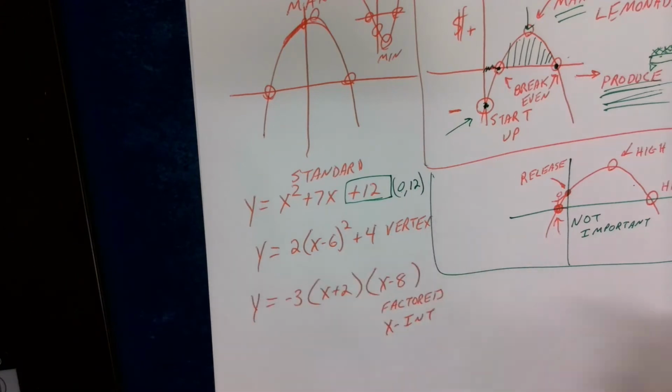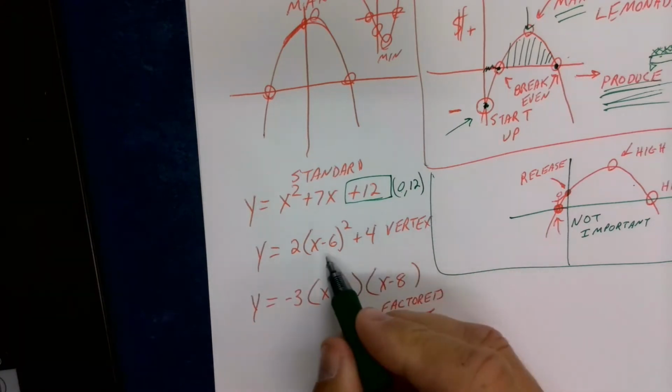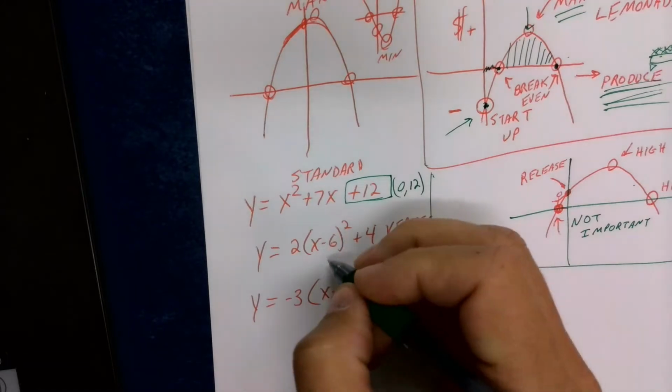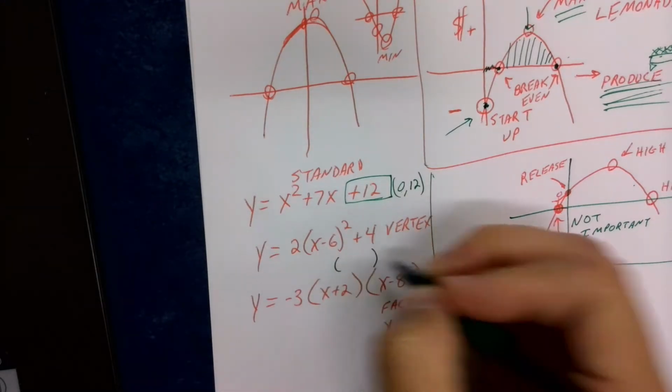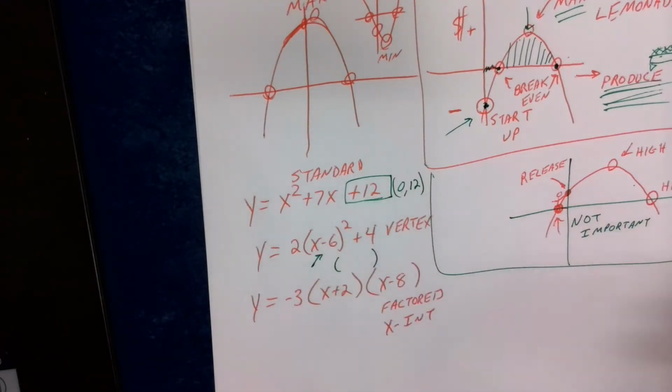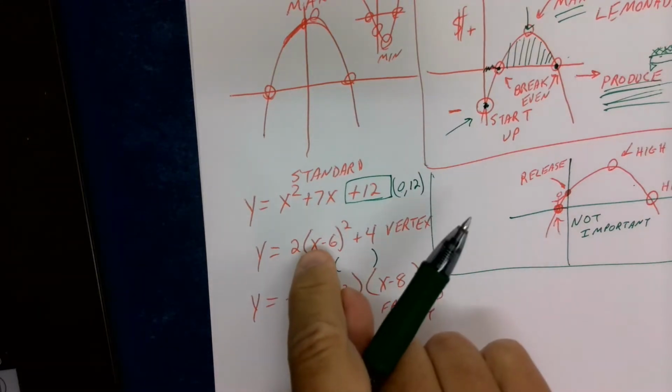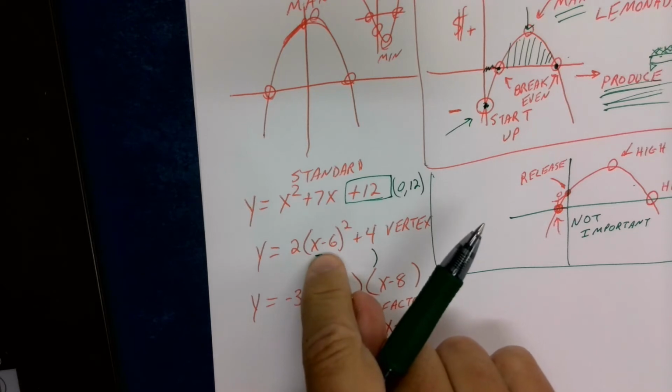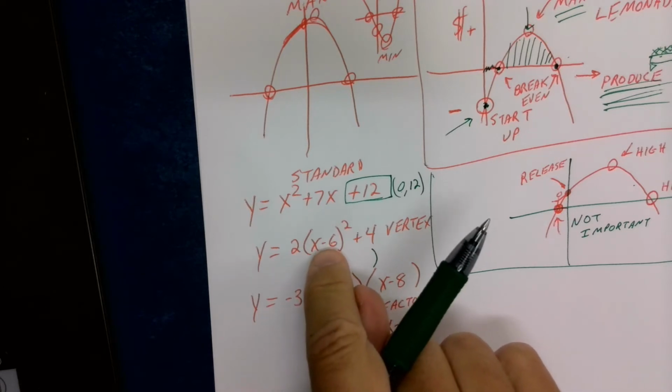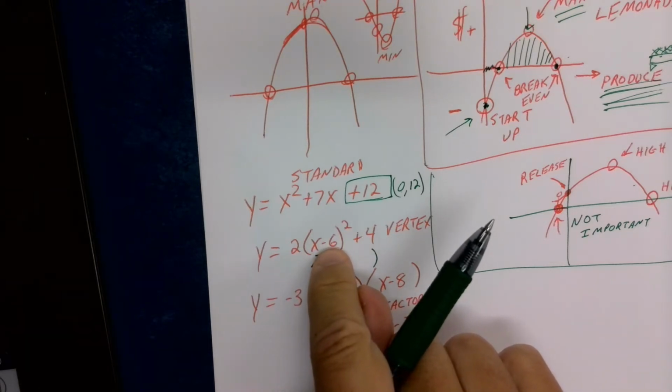Okay, vertex. This one's called vertex form. And how I get the vertex is I look right inside this parentheses. Vertex is going to be a coordinate. First off, how do I know that it's in vertex form? Vertex form will always have the x with a plus or a minus right here, and then squared.